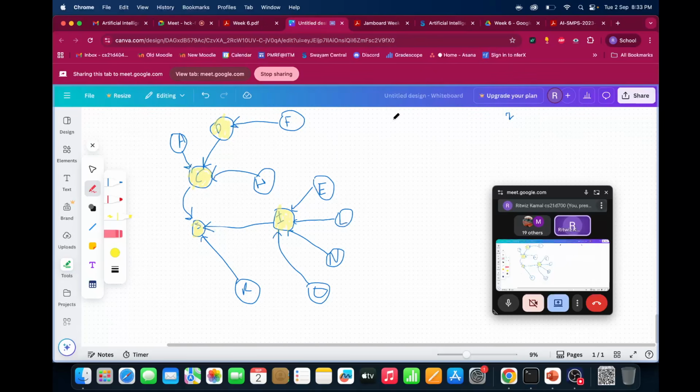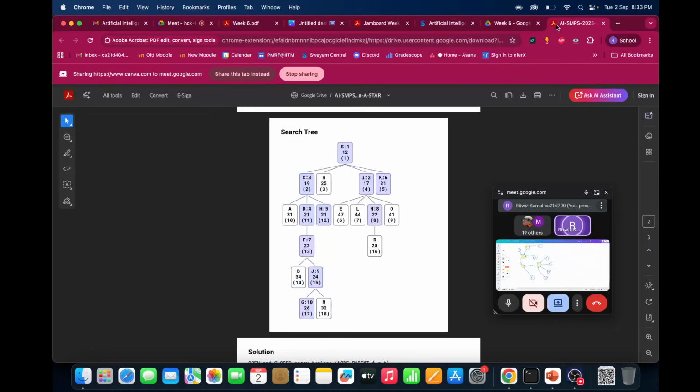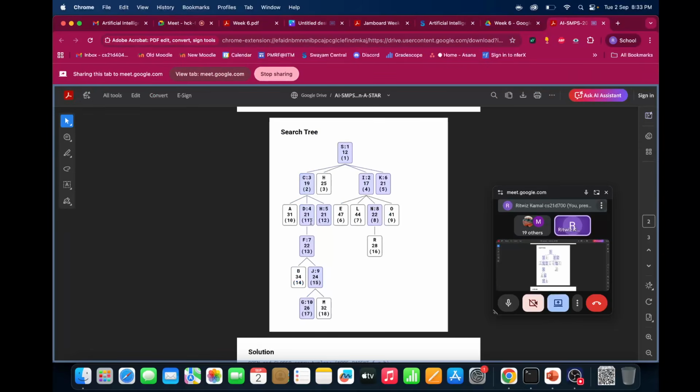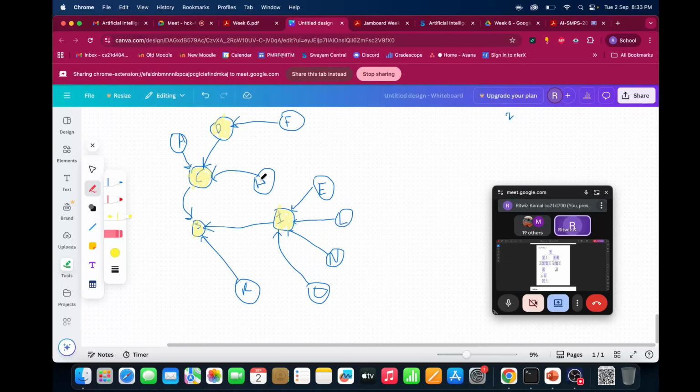Okay, next let's look at what are the nodes that will be expanded. The fifth node to be expanded is H, and no change happens, so we just mark it closed.